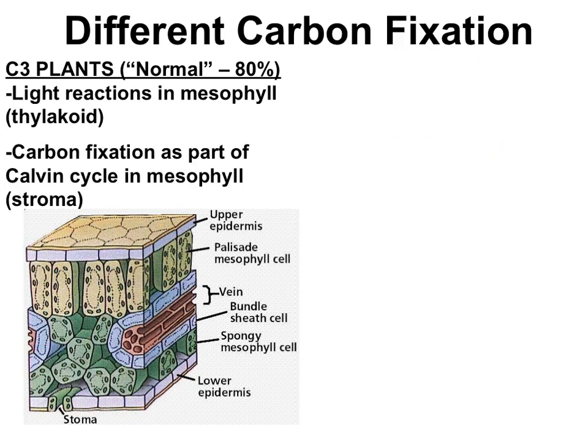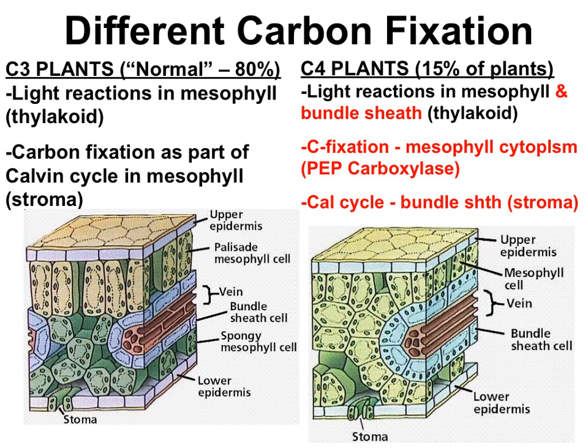In a conventional C3 plant, light-dependent reactions take place in the mesophyll cells on the thylakoid membrane, and carbon fixation happens in the stroma by Rubisco as phase 1 of the Calvin cycle. What's different about C4 plants is that C4 plants do light-dependent reactions in mesophyll cells and bundle sheath cells as well.